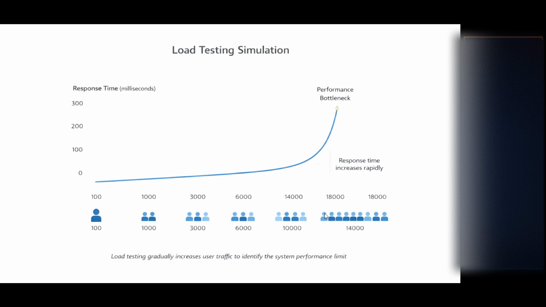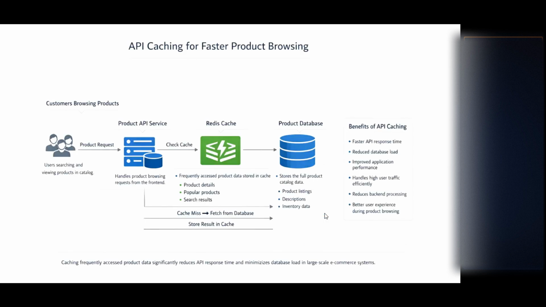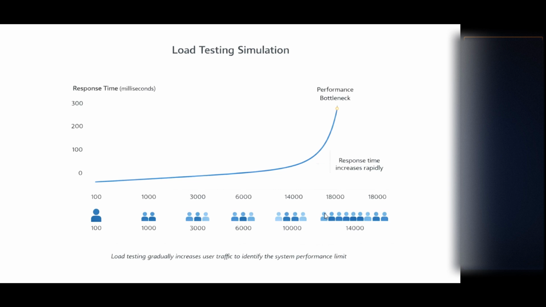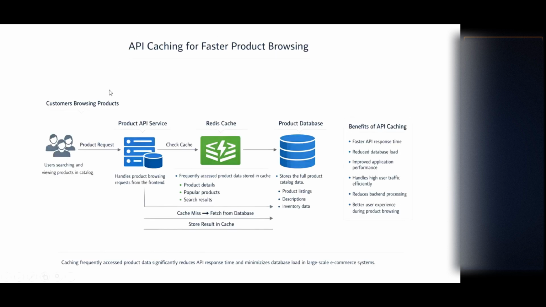So now they are able to replicate the same four issues or bottlenecks that they have seen in production, right? So let's try to understand how we can reduce that particular issue, how we can overcome that.